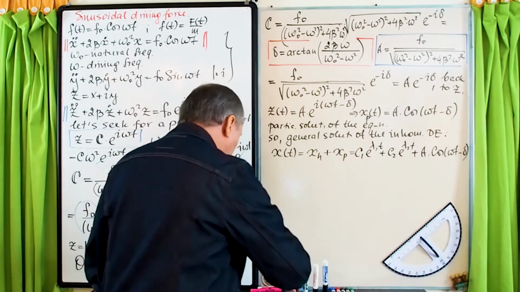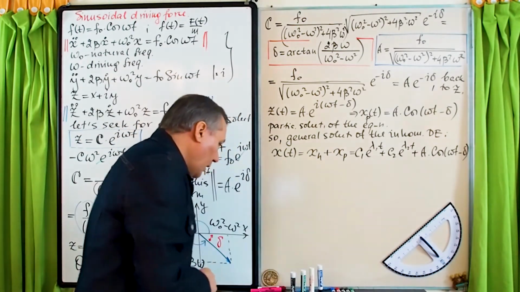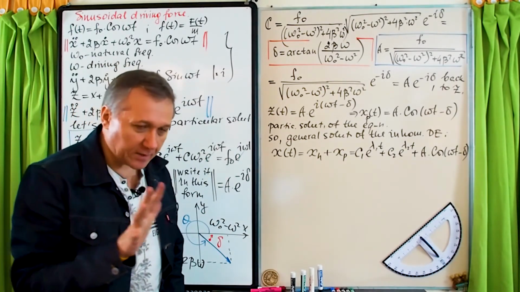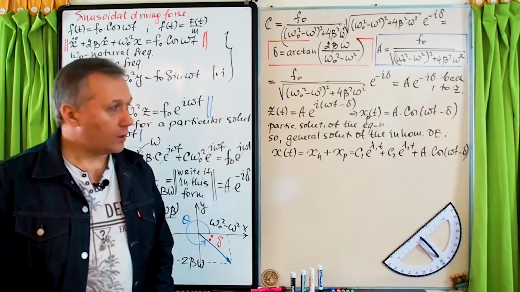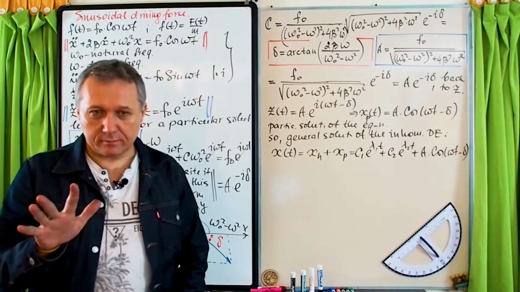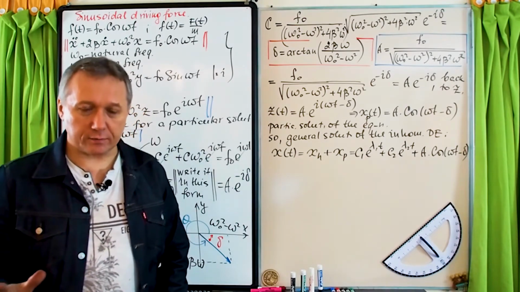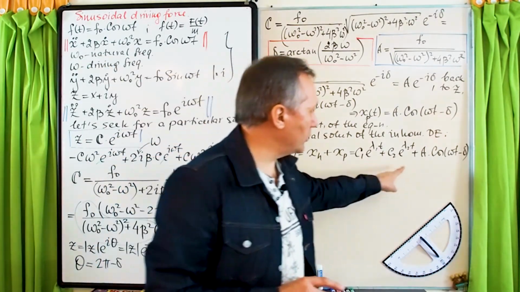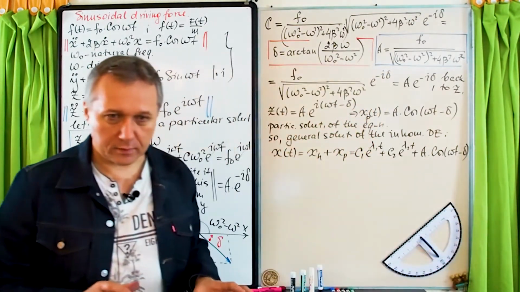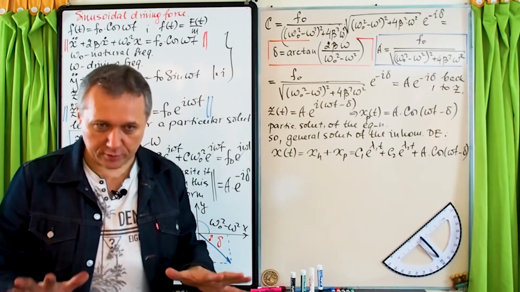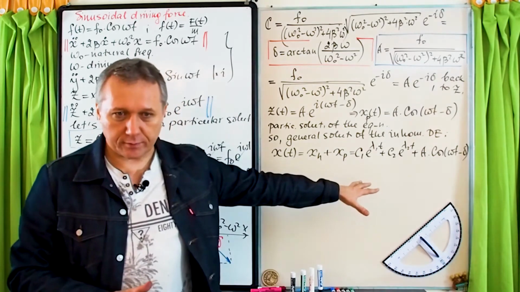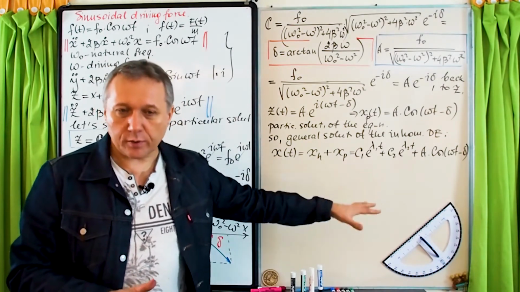Okay, so before we go, now we have a bunch of constants. We need to discuss them. Which are constants of integration? Right now we have 4 constants: C1, C2, A, and delta. Obviously C1 and C2 are the constants of integration. They depend on your initial conditions.